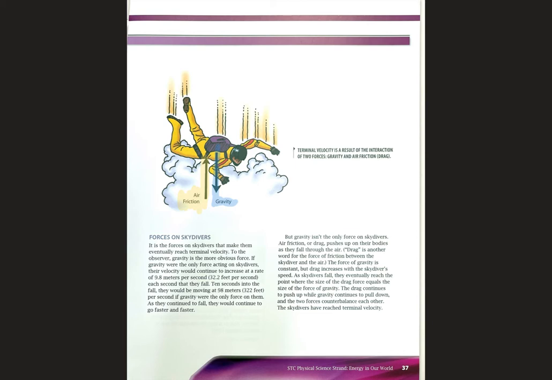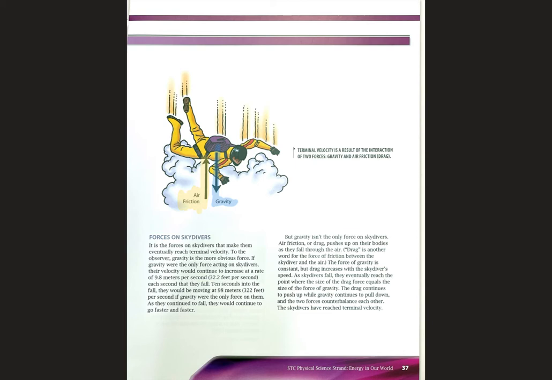After 10 seconds of free falling, they would have been moving at 98 meters or 322 feet per second if gravity were the only force acting on them. As they continue to fall, they would continue to get faster and faster. But we know this isn't the case.